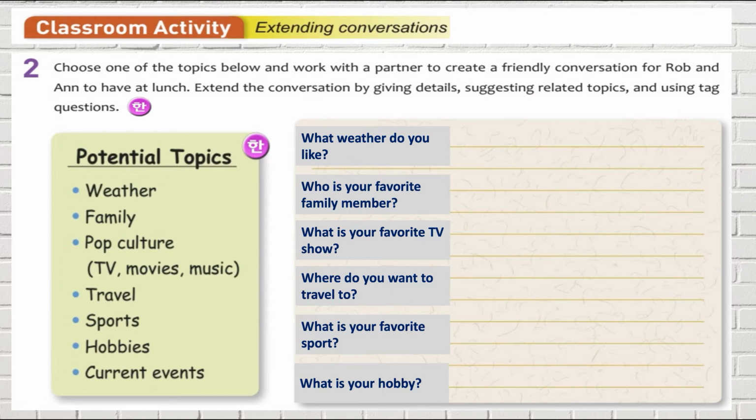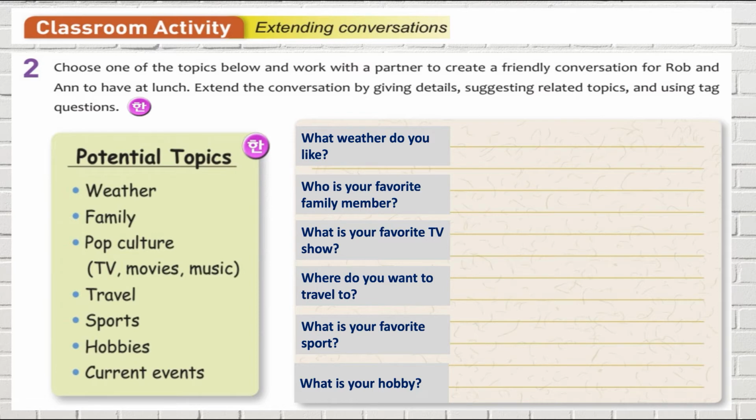Who is your favorite family member? My favorite family member is my pet cat. Okay, me too. What is your favorite TV show? My favorite TV show is Squid Game. Okay. Me too.